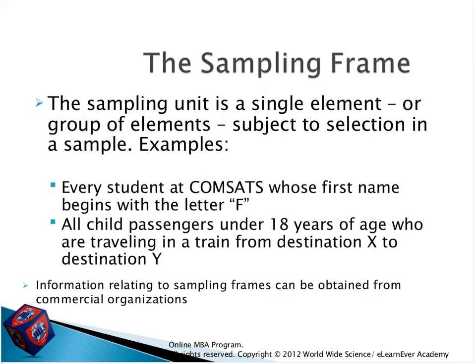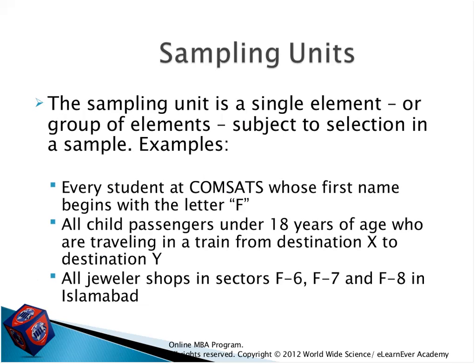Now we want to do the sampling unit. After we choose our target population and after we have a sampling frame, now we should think about the sampling unit. The sampling unit is a single element or a group of elements subject to selection in a sample.